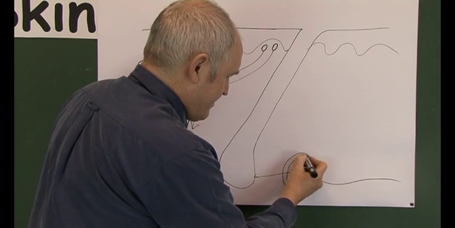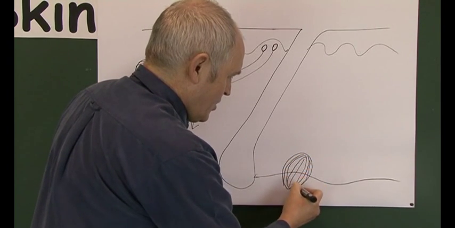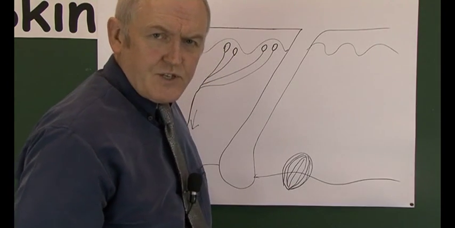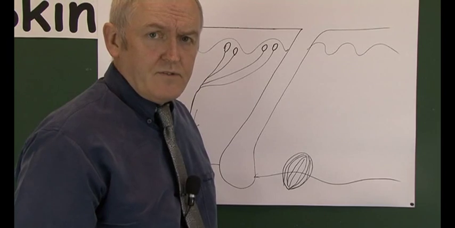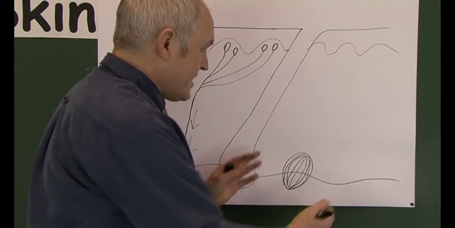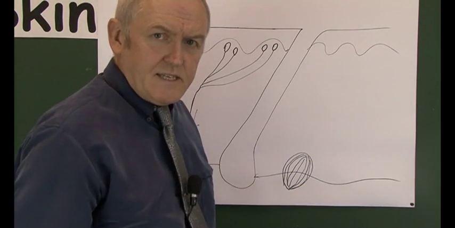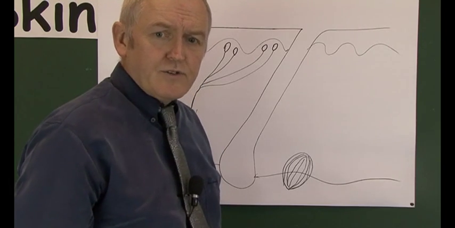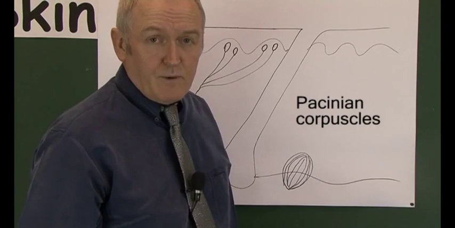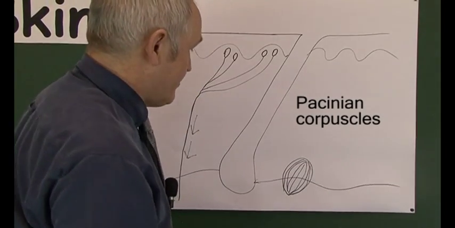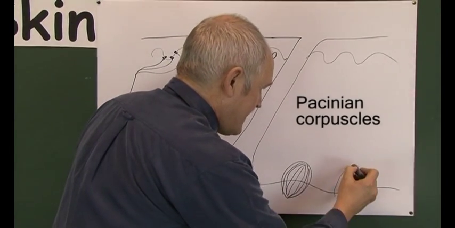Because they're actually made up of specialised Schwann cells, much as composes the myelin sheath in the peripheral nervous system. So these are large laminated sensory corpuscles, and they're called Pacinian corpuscles. Pacinian corpuscles. And they're deep down.